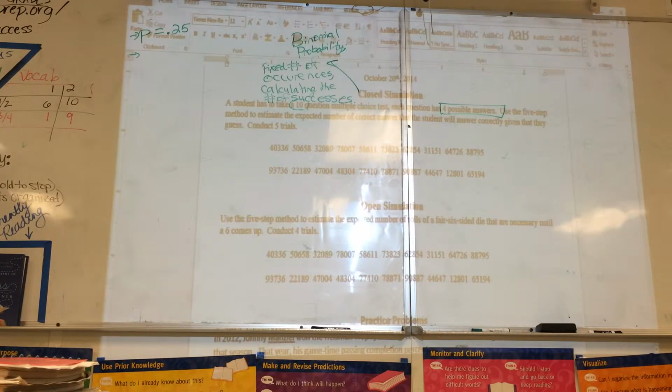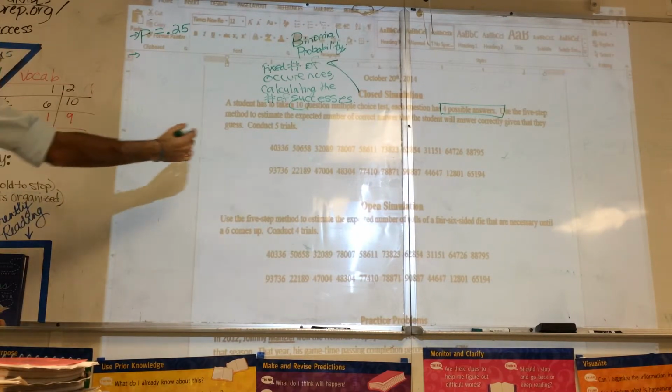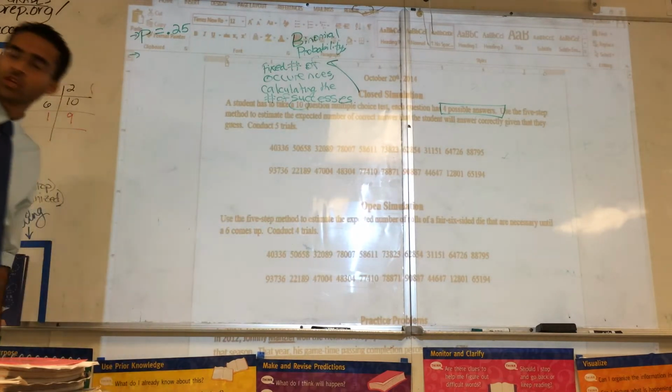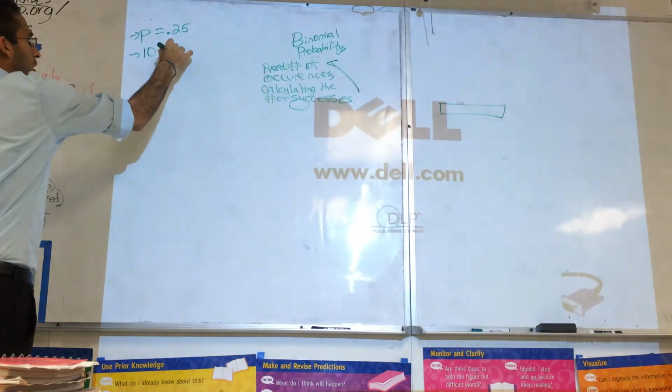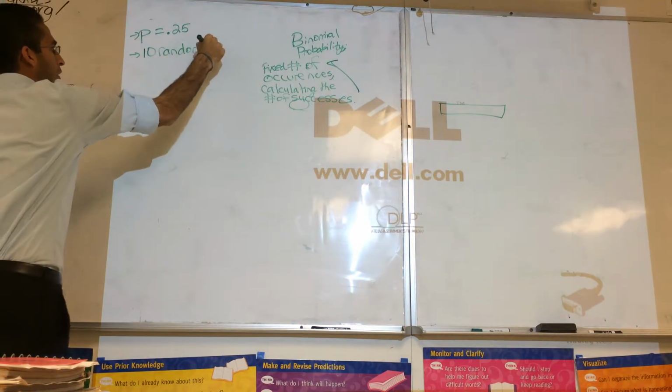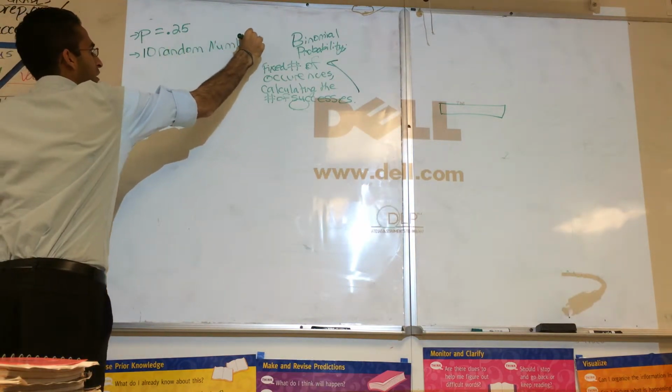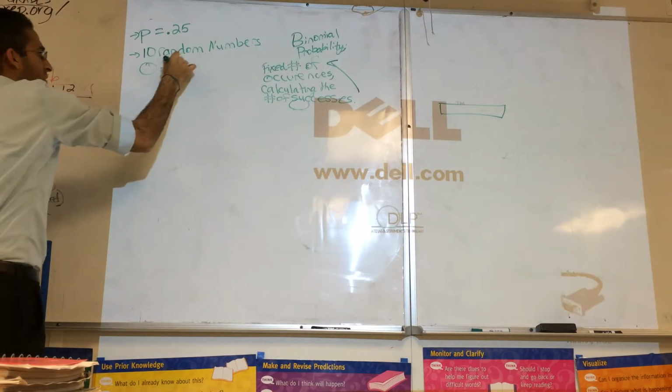Ideally we could do this on a calculator, but the way to carry out a simulation is the following. Let's say we have some random numbers here. We have 10 random numbers, every number from 0 to 9.